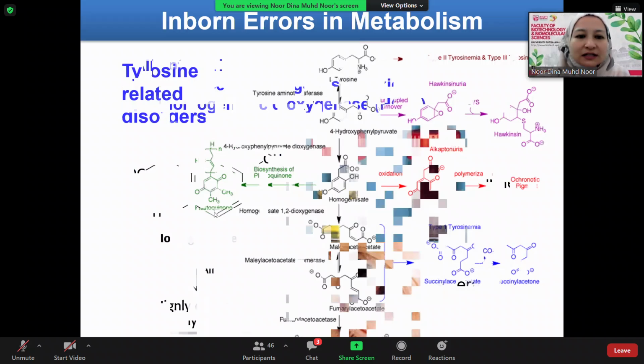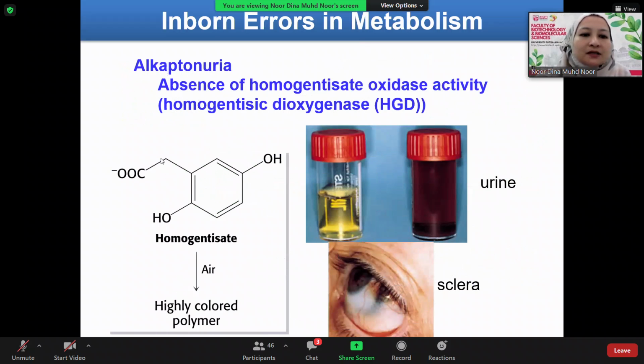Okay, and one of them, as I said, alkaptonuria, is related to the oxidation of homogentisate, because of the absence of the homogentisate oxidase activity, so the homogentisate will be oxidized.